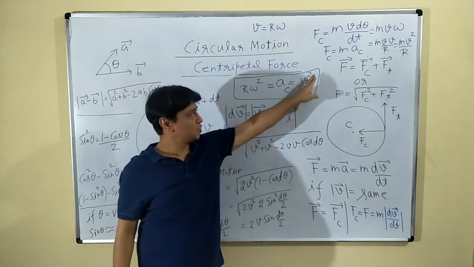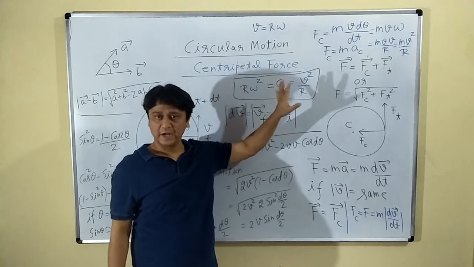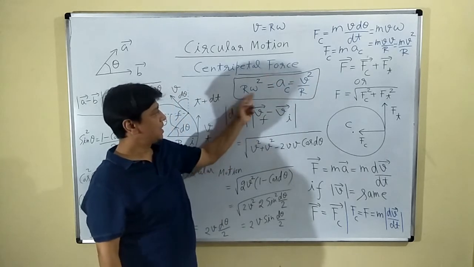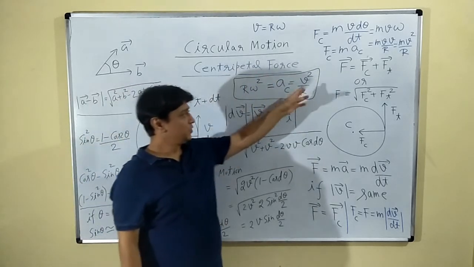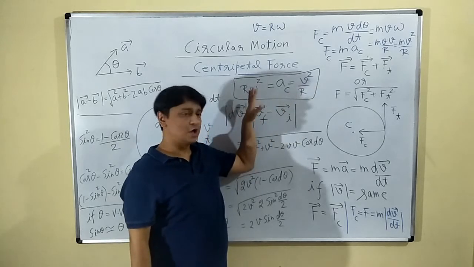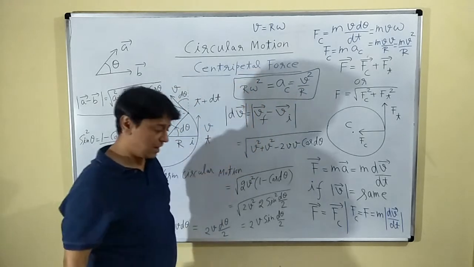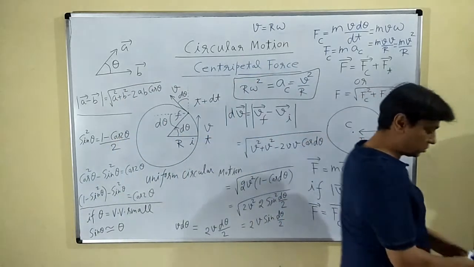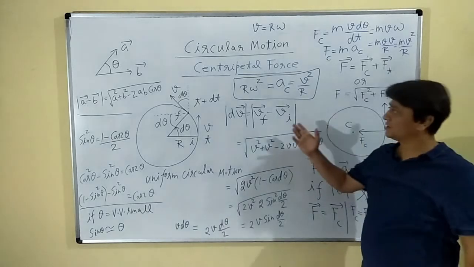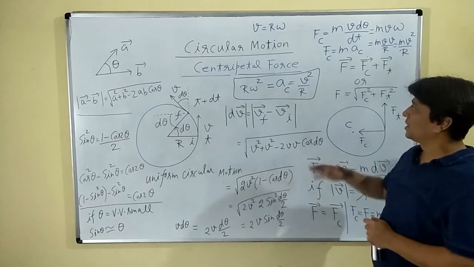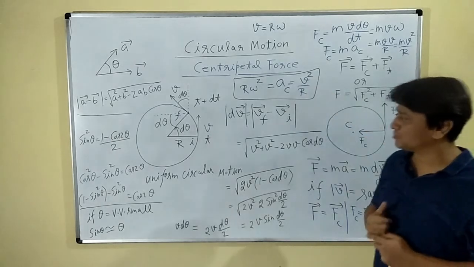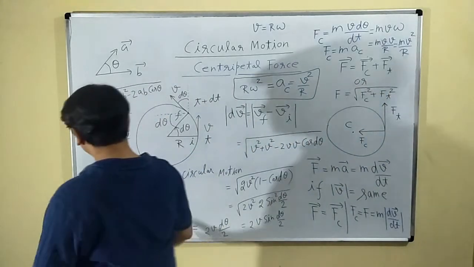Centripetal acceleration is V square upon r. In terms of angular velocity, r omega square. When do we use V square upon r? When do we use r omega square? We'll see that. हालांकि दोनों को आप हर जगह यूज कर सकते हो, but कई जगह पर this presentation is more convenient.